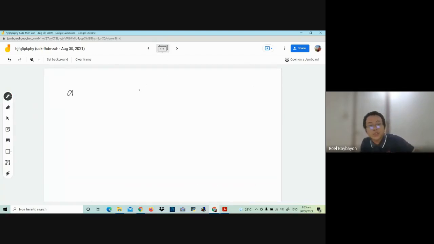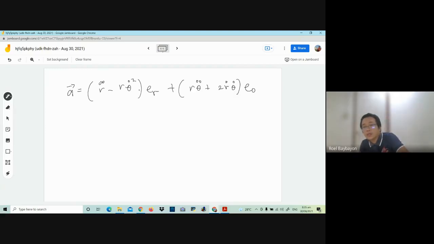So the acceleration is equal to r double dot minus r theta dot squared, e_R, plus r theta double dot plus 2 r dot theta dot, e_theta.